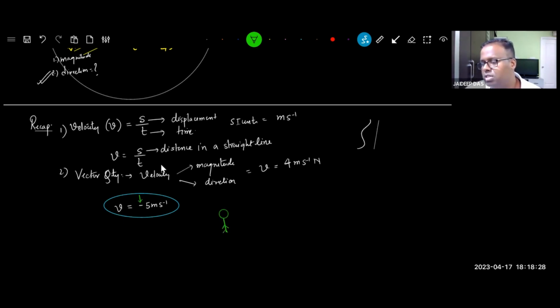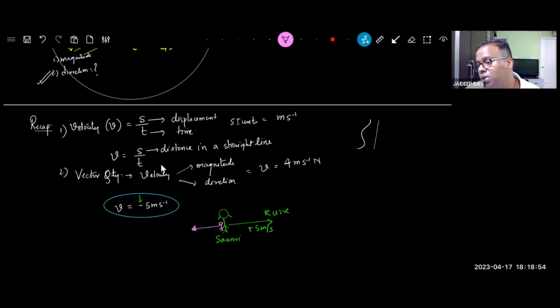Means it is like this. If this is a person, and since Sanvi told the answer, I'll give the credit to her. Let's say this is Sanvi. If Sanvi thinks that traveling to the right is the positive direction, then she will say that I was traveling with a velocity of 5 meters per second, whereas my younger sister actually was traveling on the opposite side.